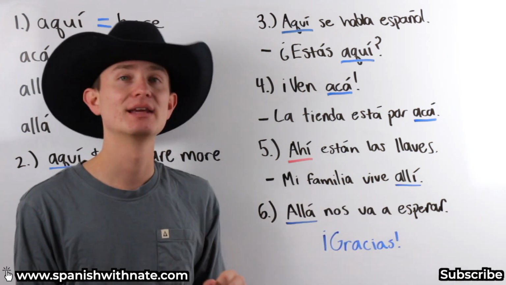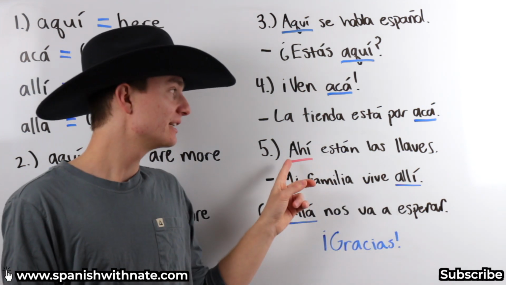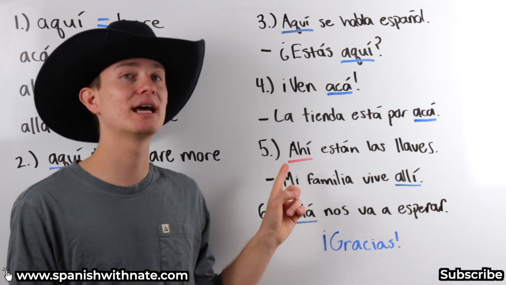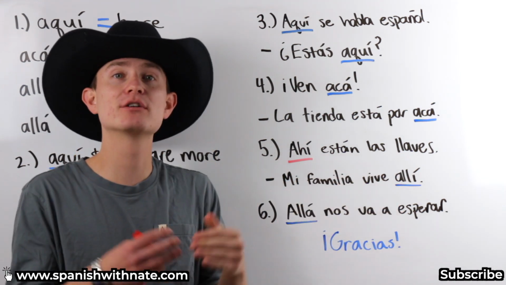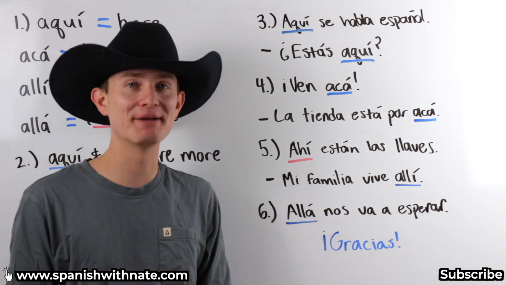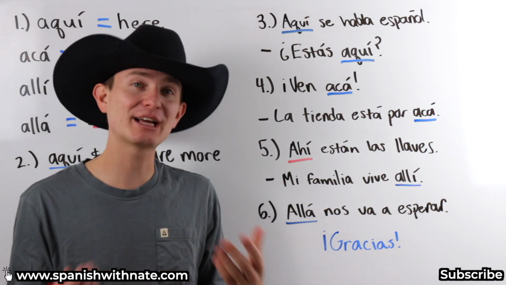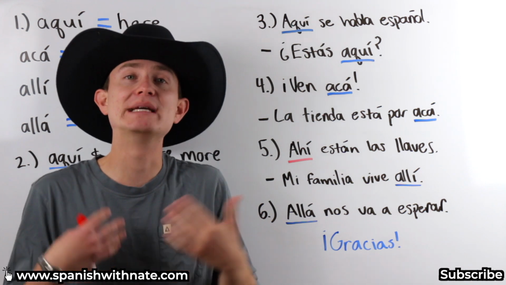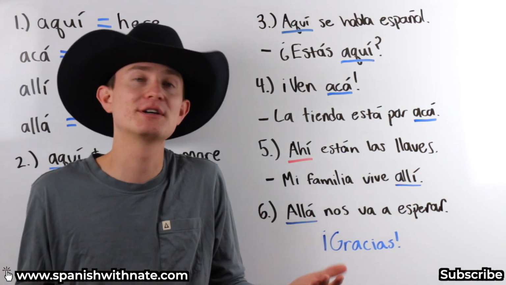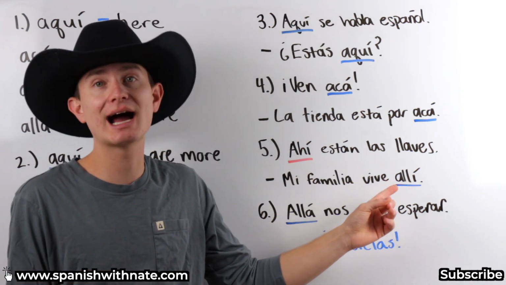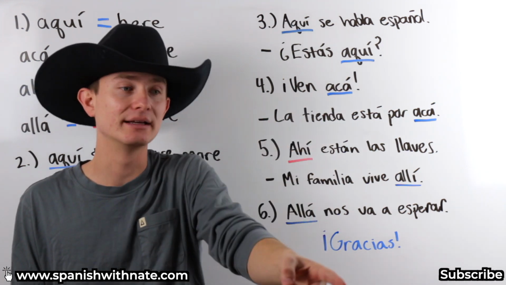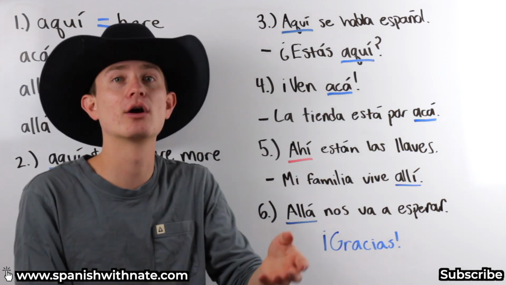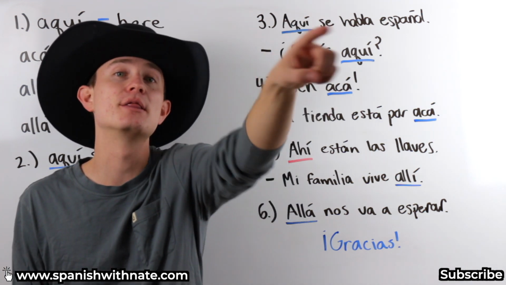Well, ahí spelled with an H is telling us that it's closer, whereas ahí with 2 L's means it's a little farther away. Now, this can sometimes be confusing, and frankly, when you're speaking to someone, you're not going to know if they're using this ahí or this ahí. The only way you're going to know is to say, oh yeah, está ahí. Like, oh yeah, it's right there. Or, está ahí. Oh yeah, it's there.